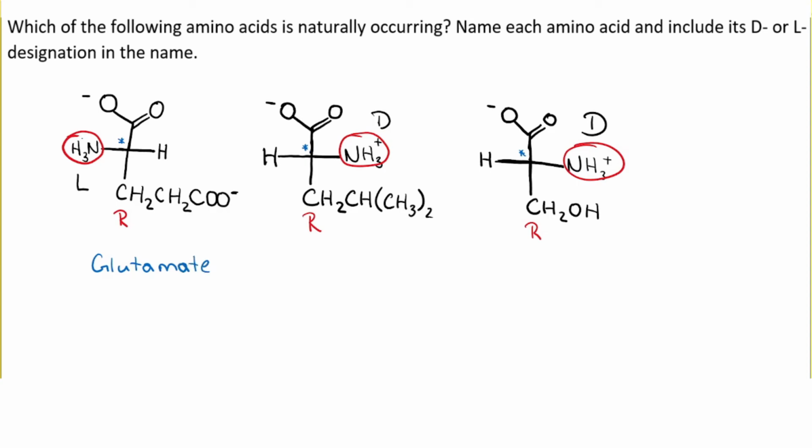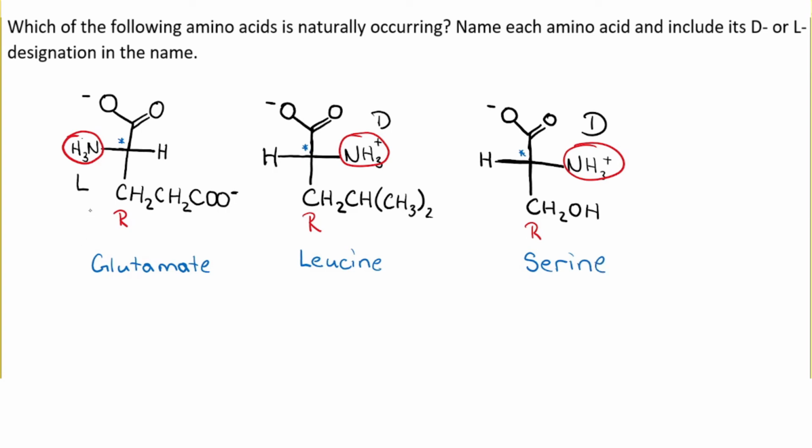This second one, you have carbon-carbon and these two methyl groups on the end. That is going to be leucine. And this last one has a carbon and a hydroxyl group. That is going to be serine.